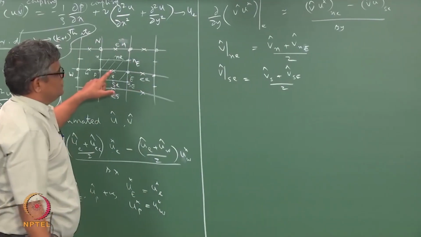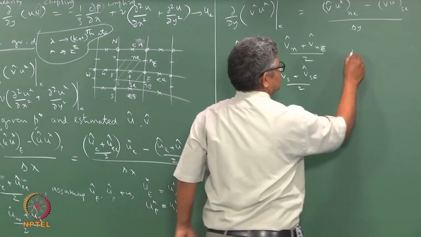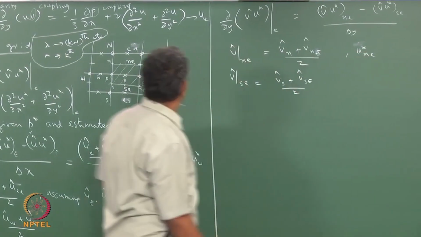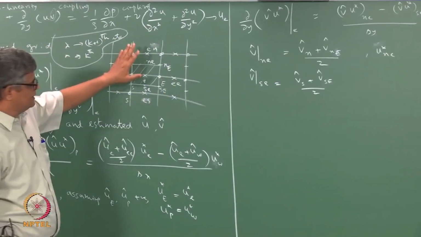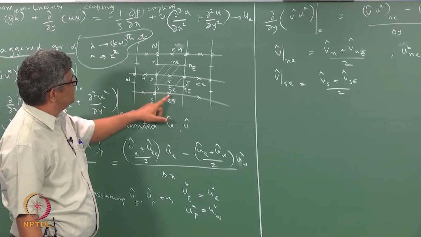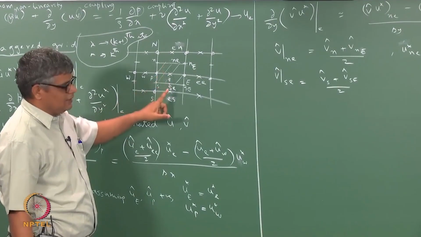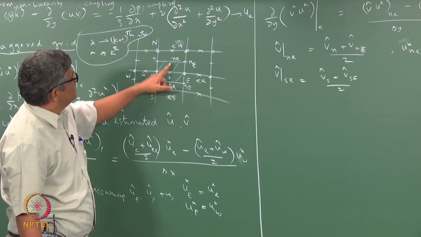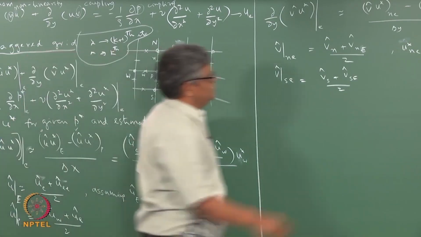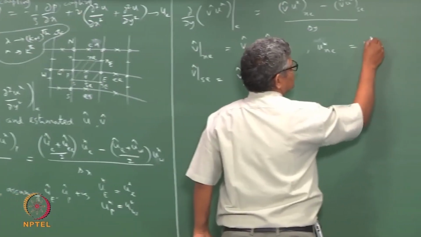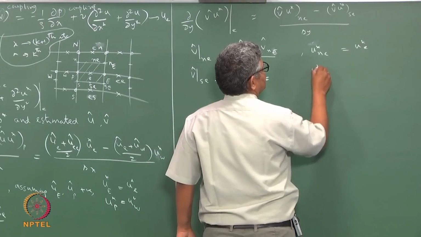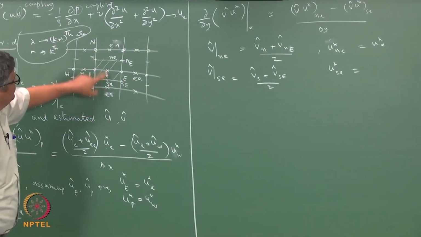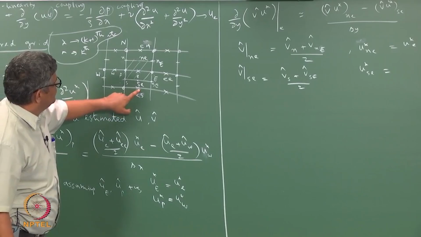Now the u star value is based on upwinding, because flow is coming in this direction, and the specific value of u that this is bringing, assuming that v hat is positive, then at this point this will be equal to ue, and u star at se will be equal to the value at this point here.